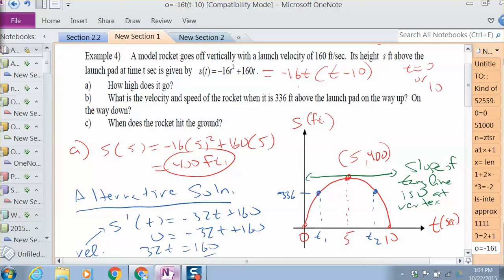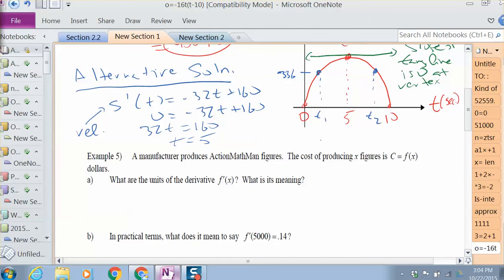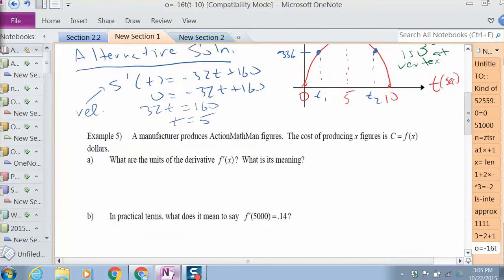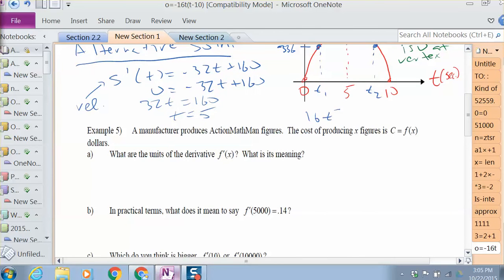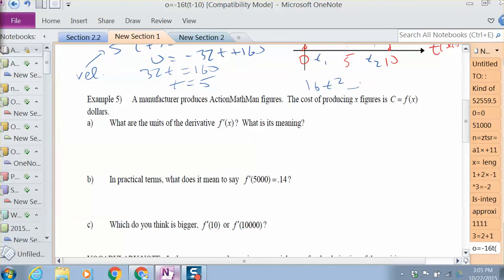So what I'm going to do is set my position function equal to 336. And if I do that correctly, I should get, if I move everything over to one side, 16t squared minus 160t plus 336 equals 0.